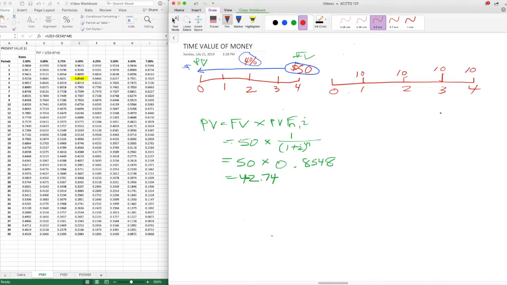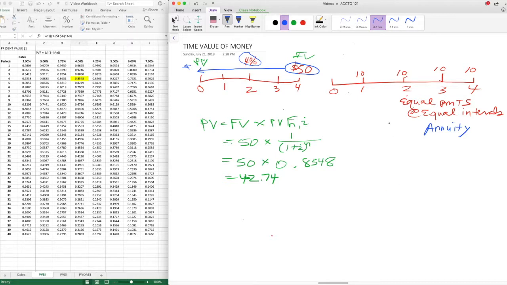I have a situation where I have equal payments at equal intervals, and that, by definition, is what we call an annuity.